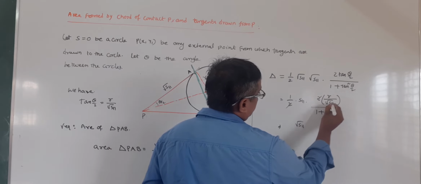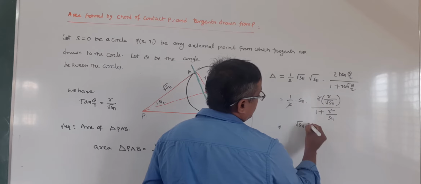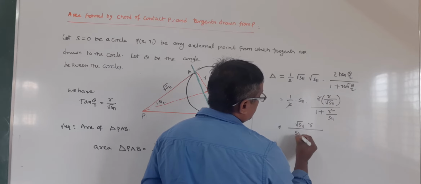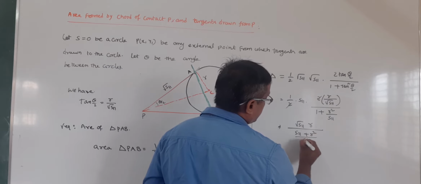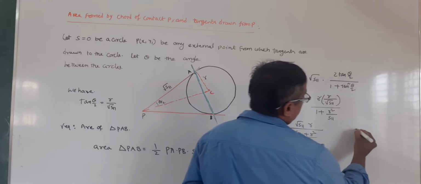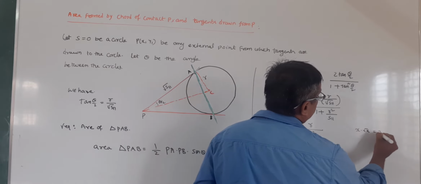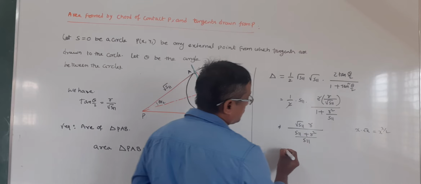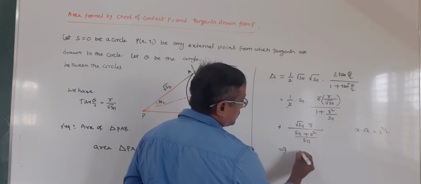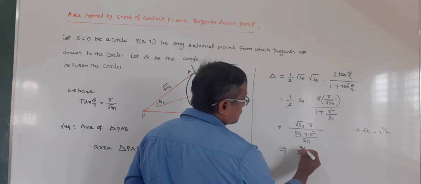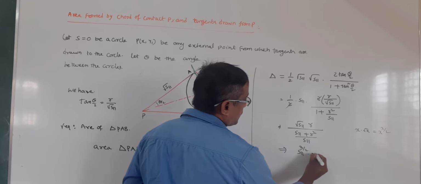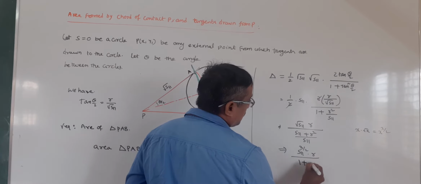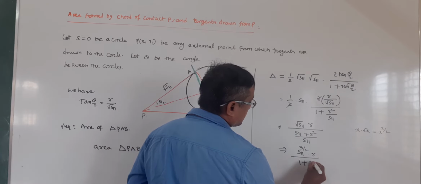Root S11 is cancelled into r by S11 plus r square by S11. You have x into root x is equal to x power 3 by 2. So S11 into root S11 is S11 power 3 by 2, into r by S11 plus r square.